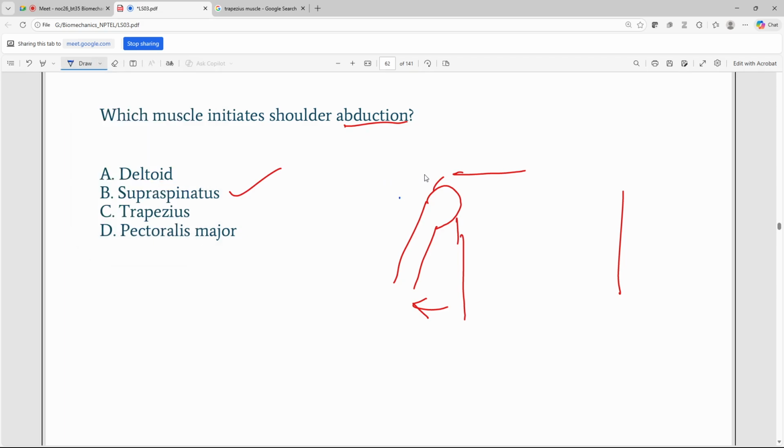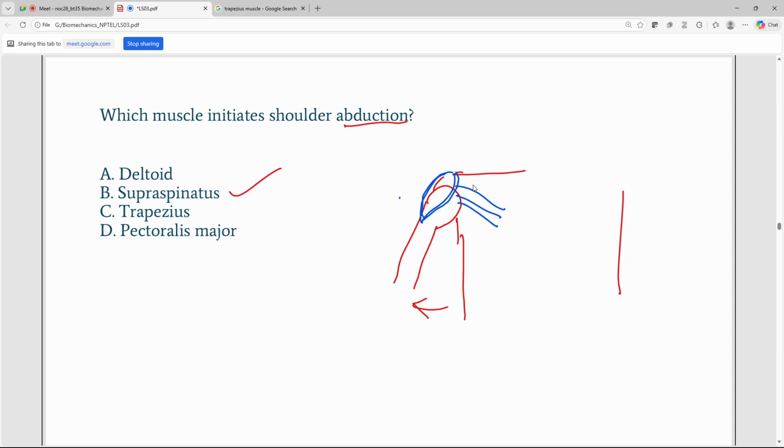If you remember, deltoid is the range of muscles that is here, and supraspinatus is the muscle that is connected here. So this muscle initiates the abduction. If the question was which muscle mostly supports abduction, then it will be deltoid. But which initiates the shoulder abduction is supraspinatus.